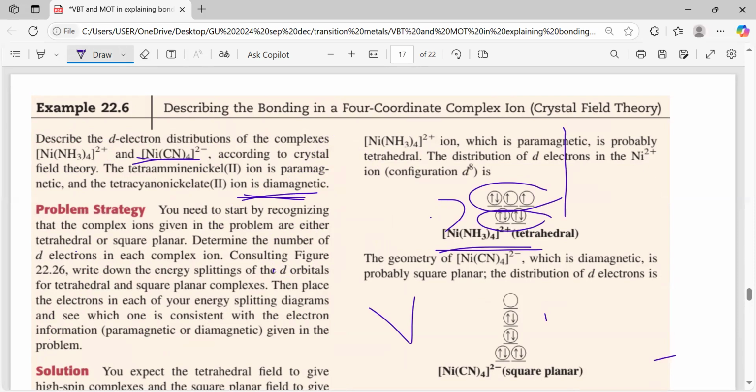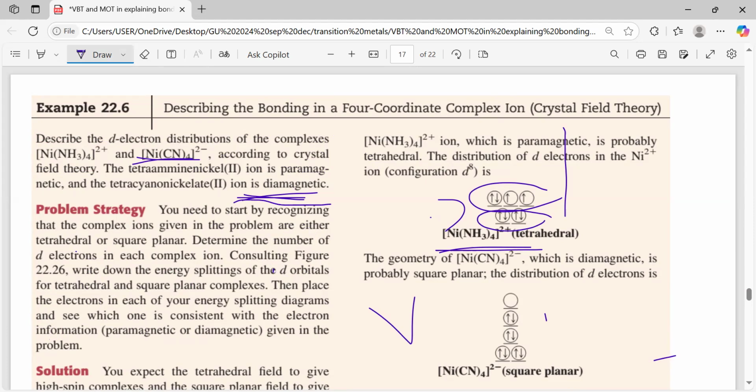There is lots of pairing there. There is no unpaired electron. Every electron is paired up. That's why it is diamagnetic. So anytime you hear diamagnetic, just know all electrons are paired up.